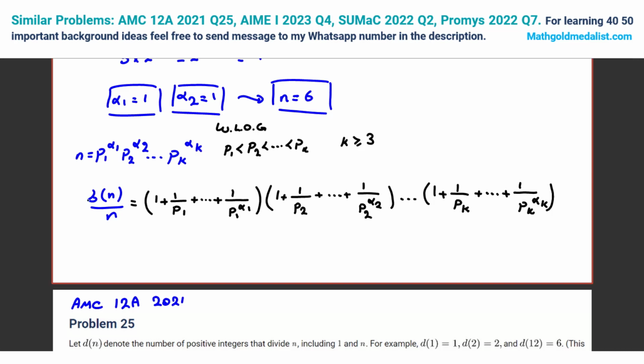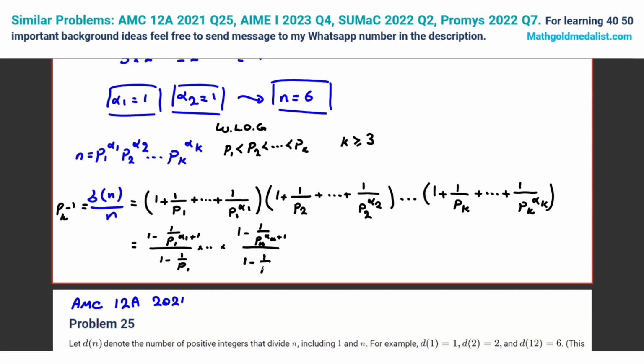Now we know it is equal to, you can write, 1 plus, sorry, here 1 minus 1 over p1.